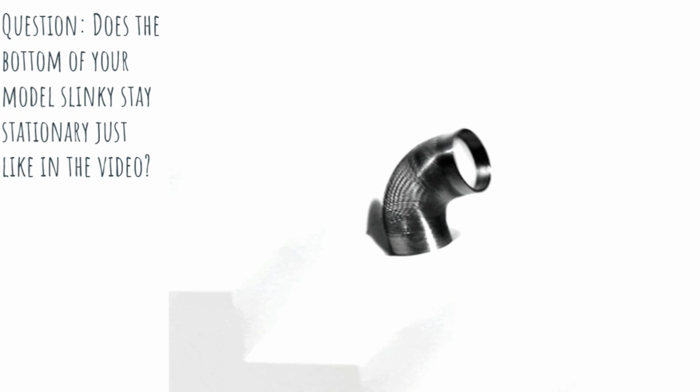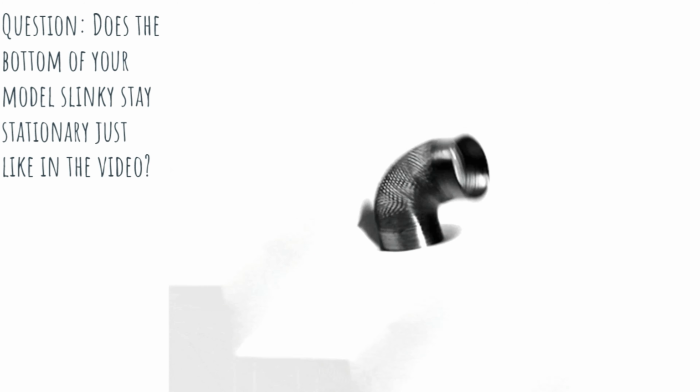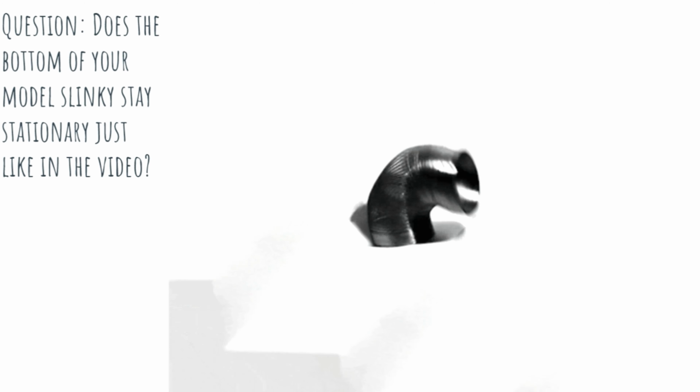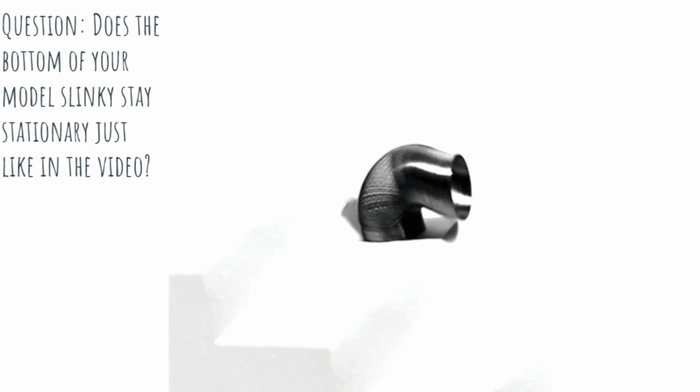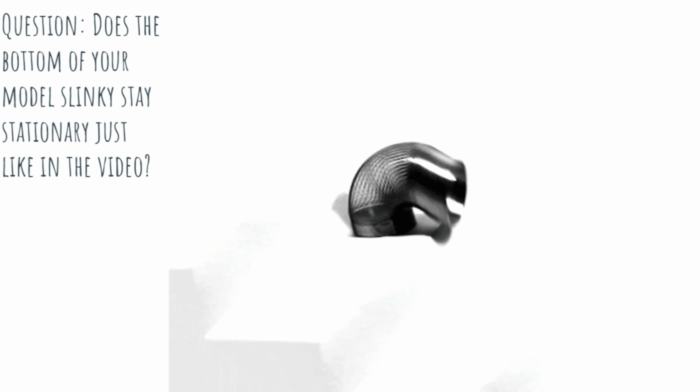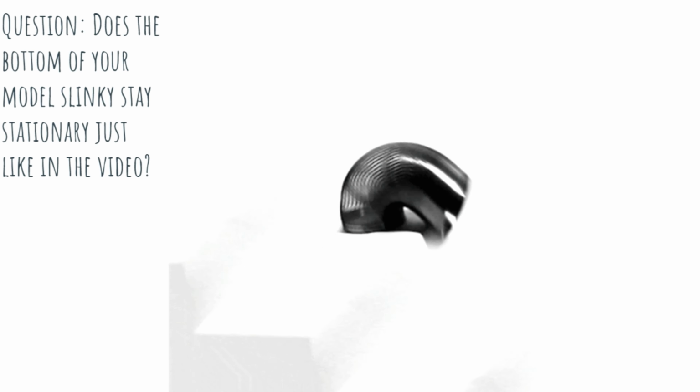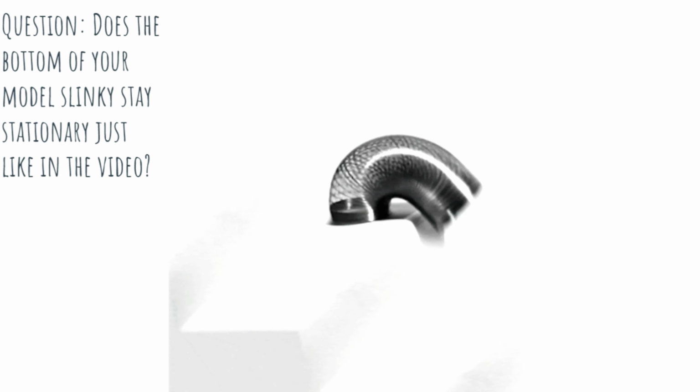They basically create equal and opposite forces against each other. You can see the force at the top being applied to or shifting through the slinky as it becomes compressed.